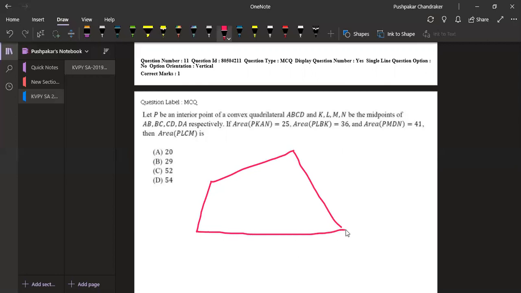A, B, C, D. Now they said these are the midpoints K, L, M, N. If you join them, these are midpoints. Now any point you take here, any random point P, and join it. Okay, first I'll construct this one.